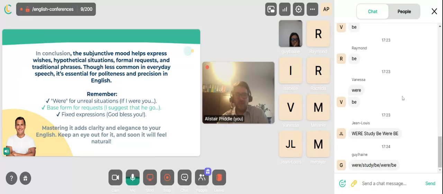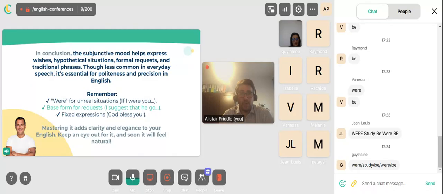Well, we do have a conclusion for today. The subjunctive mood helps express wishes, hypothetical situations, formal requests, and traditional phrases. Though less common in everyday speech, it's essential for politeness and precision in English. Remember, were for unreal situations.